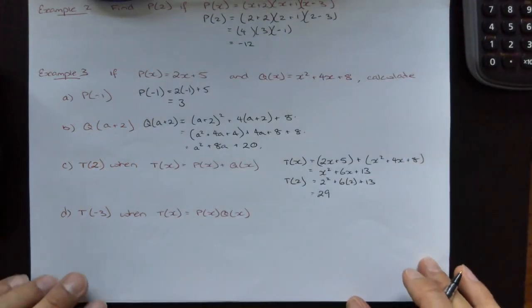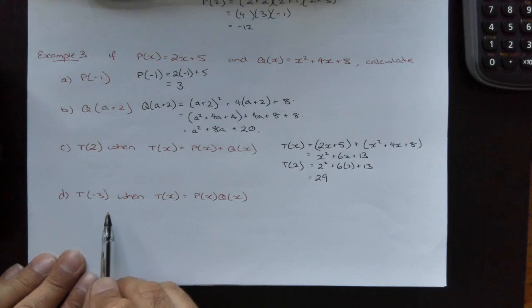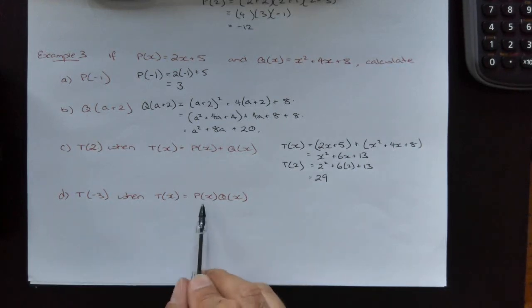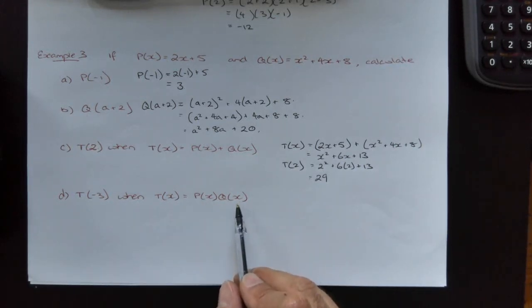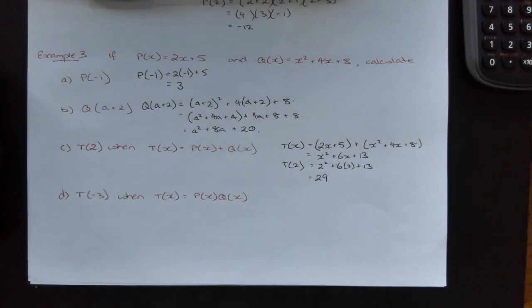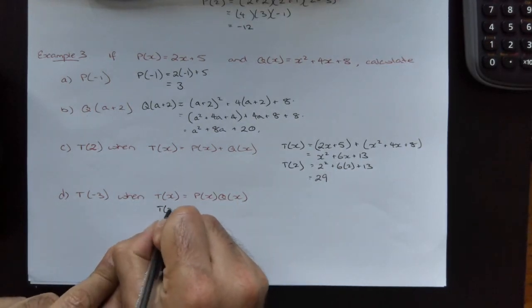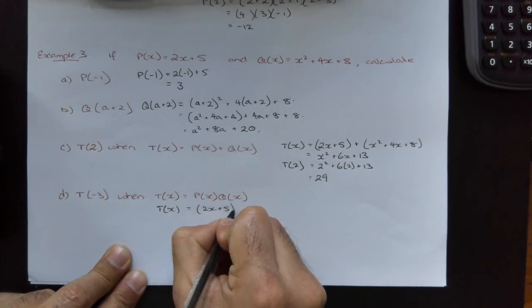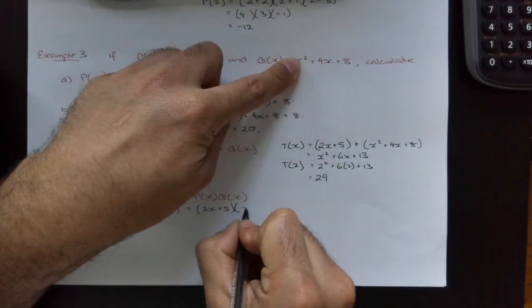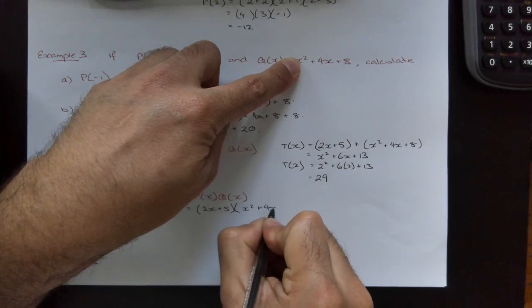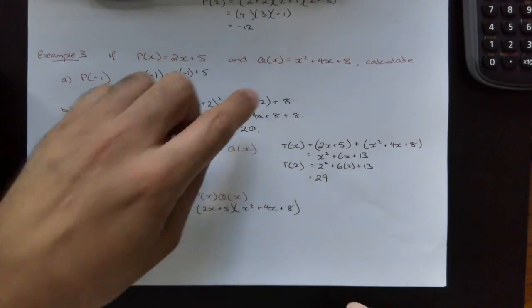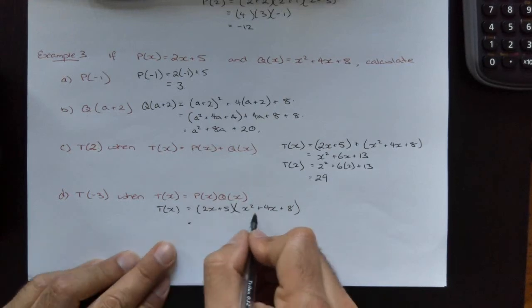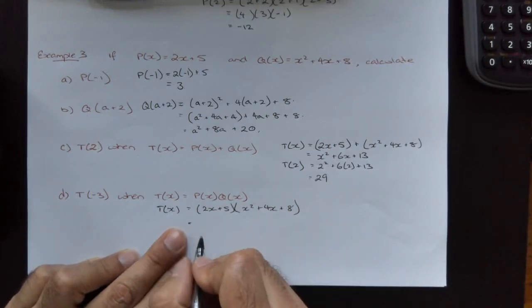Now we want to figure out what T of negative 3 is when T of x equals P of x times Q of x. Okay, so we want 2x plus 5 on the outside. I'm going to multiply that by x squared plus 4x plus 8. Okay, so we're going to multiply this whole thing by 2x.